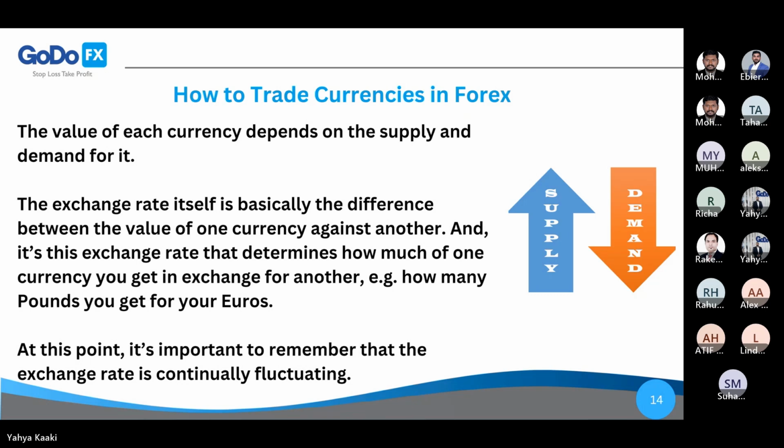Gapping is an opening price significantly above or below the previous day's close with no trading activity in between. So, for example, the market closes on Friday at night and it opens on Sunday at night, Monday morning.